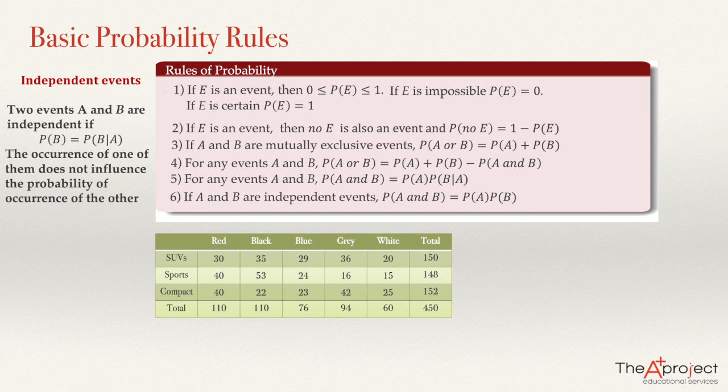Let's see an example using this table. We want to see if the events being white and being an SUV are independent.